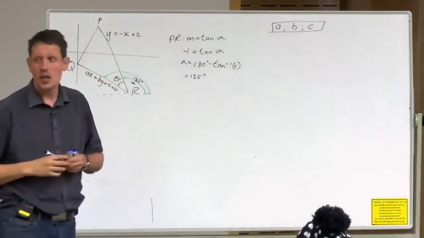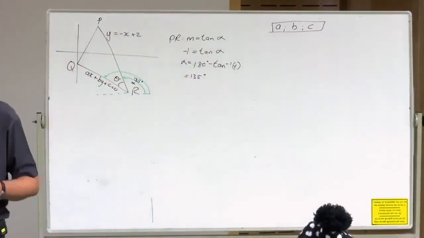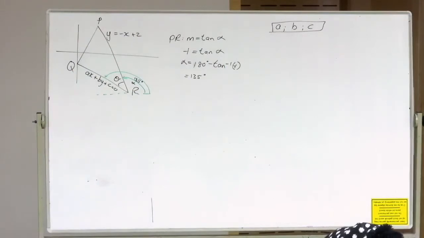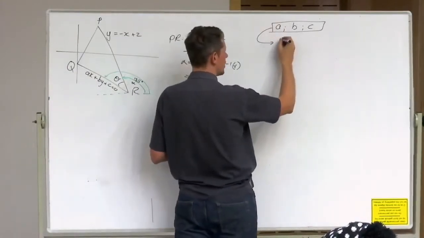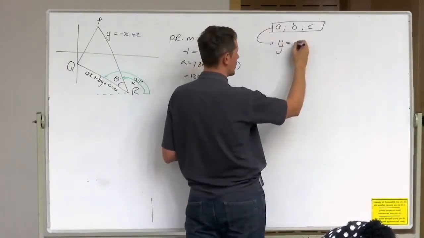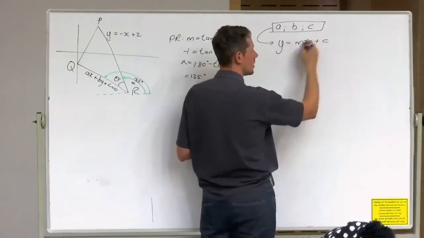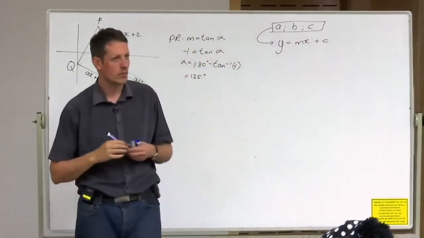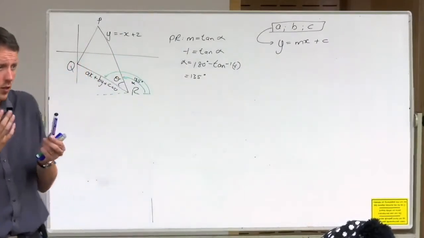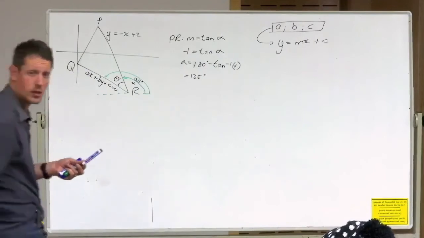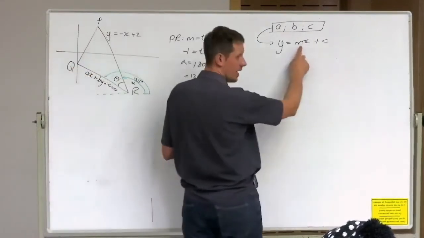In the end, I've got to write A is this, B is that, C is that. But how do I do that? Well, I need the equation of the line, y equal mx plus c. To get that, I need m and c.